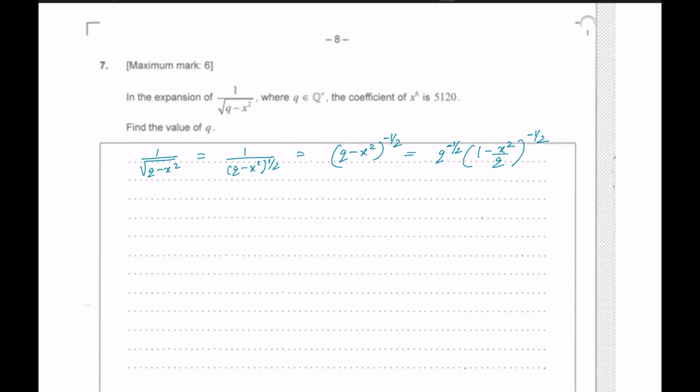We have to find till x to the power 6, right? So first is x to the power of 0, then x squared, then x to the power of 4, then x to the power of 6. So fourth term, yeah. Now the expansion goes like this. So it'll be nx, then n times n minus 1 by 2 factorial, and then n times n minus 1 times n minus 2 by 3 factorial.